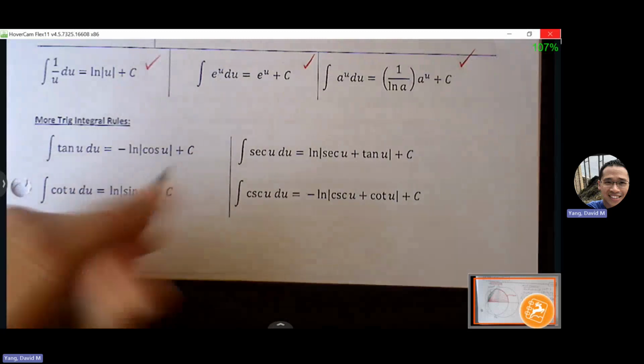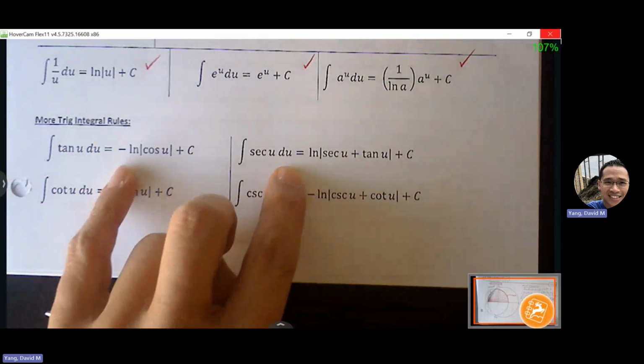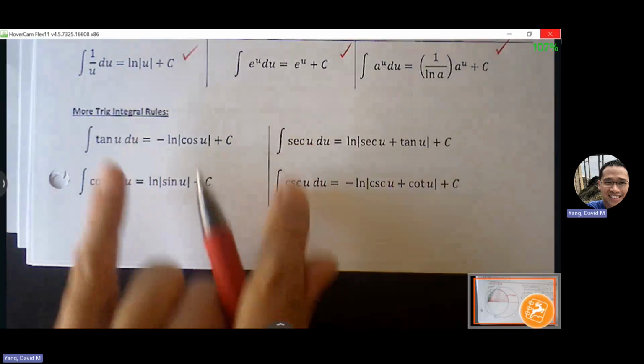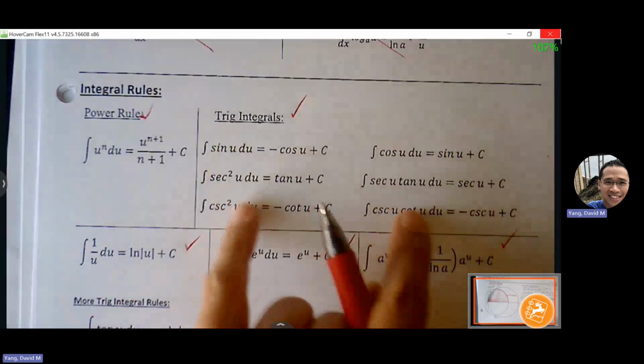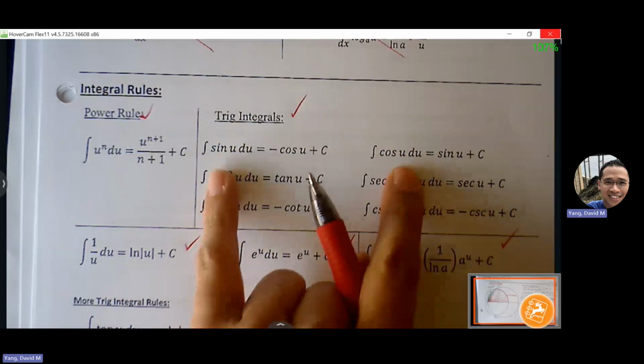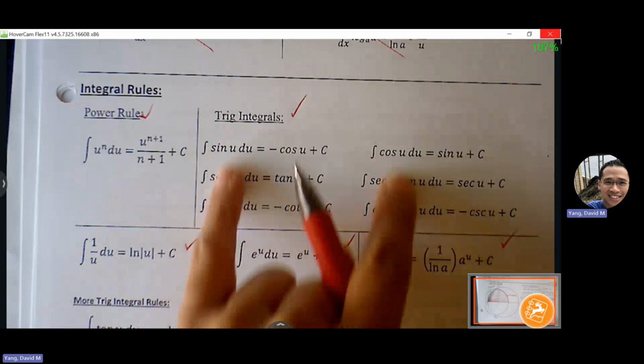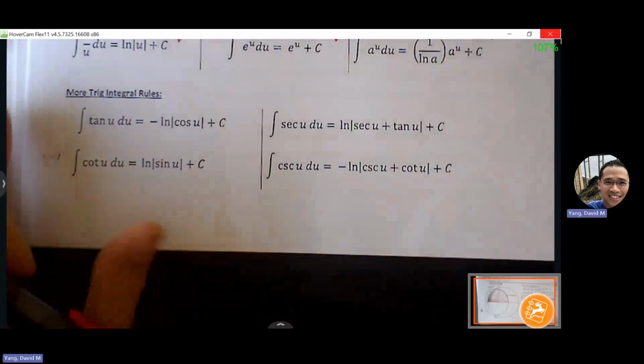These are ones that we went over from 5.2, and these are trig integral rules that do not show up in the original 6, right? We don't have tangent, cotangent, secant, and cosecant. Those involve natural log.